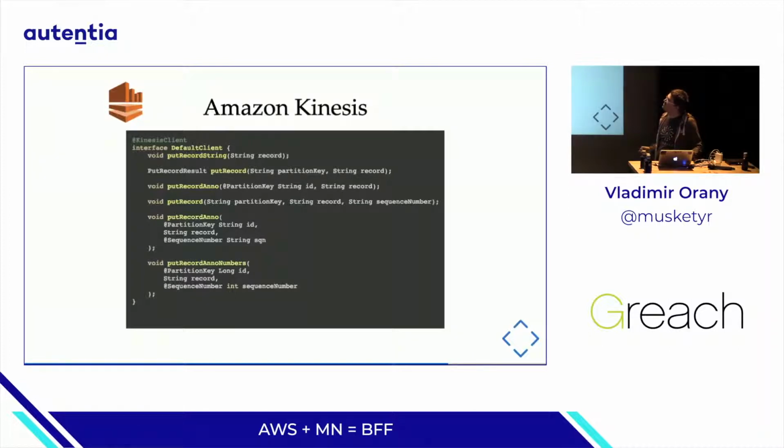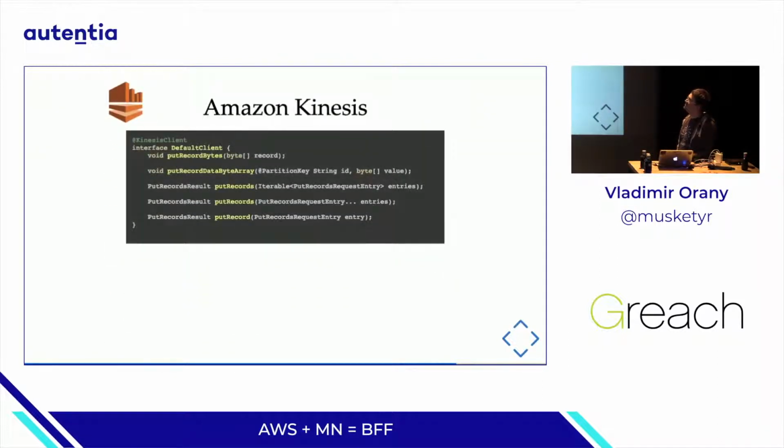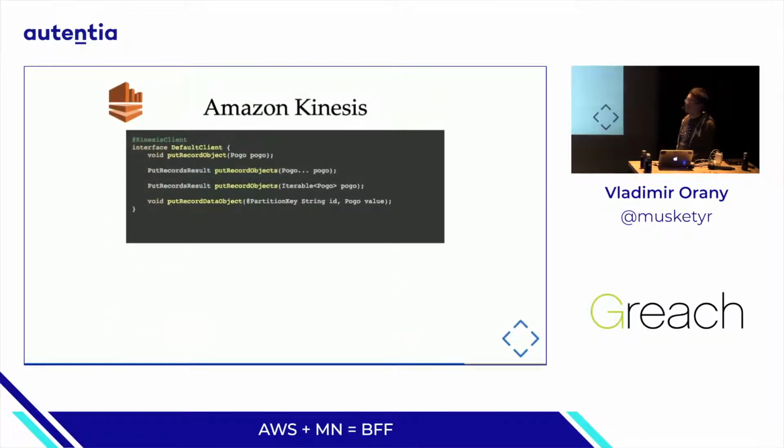This is specific to Kinesis, and the partition key is basically the key which helps you to split the workload. But otherwise, it could be a string record, it could be a byte array, so some binary record. It could be a POJO, and some magic will happen. Some unique key is going to be generated for the POJO.